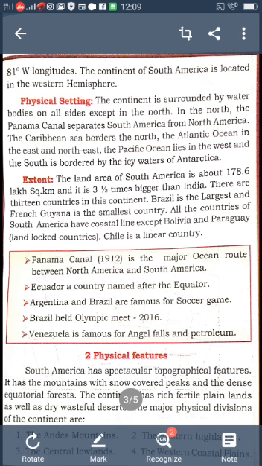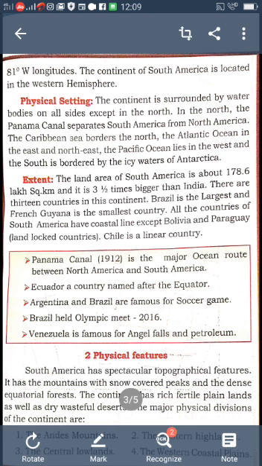The Argentina-Chile border is the highest peak in the mountain range. Other peaks are Mount Cotopaxi and Mount Chimborazo. Chimborazo is in Ecuador. The Andes are rich in minerals like copper and tin.